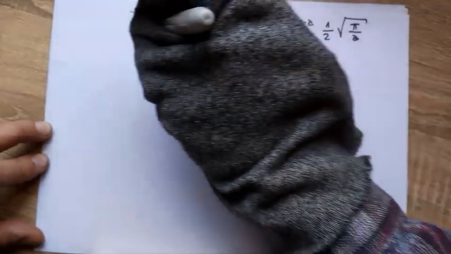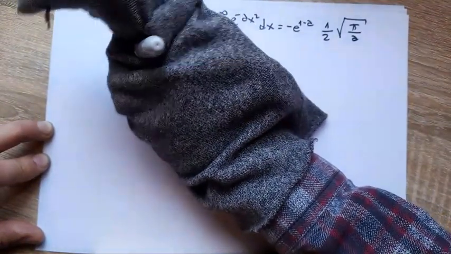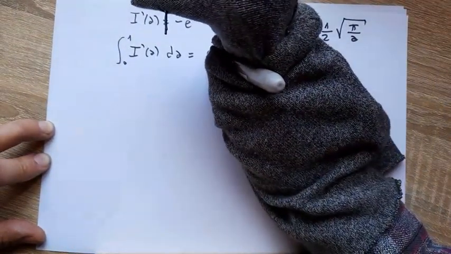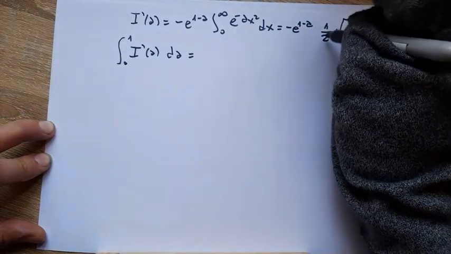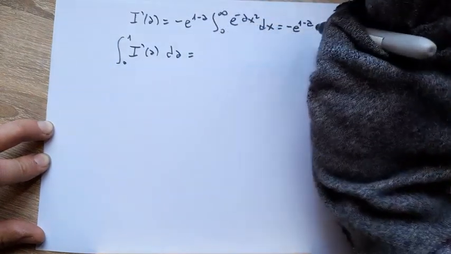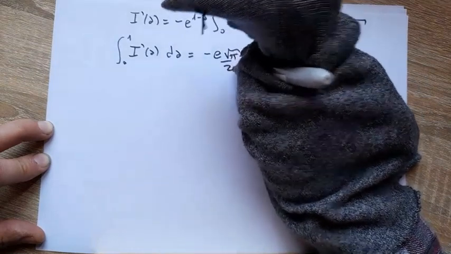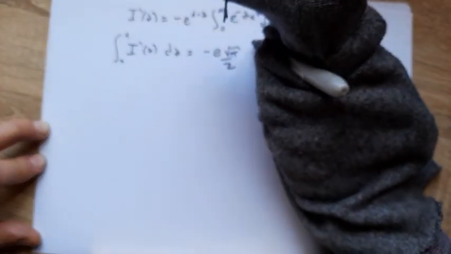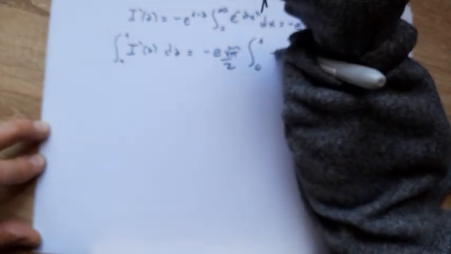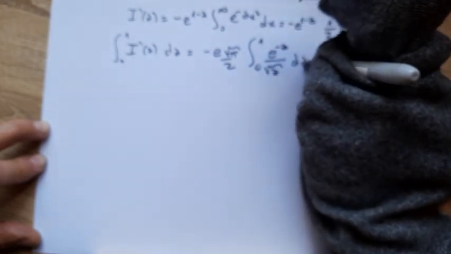So now we will integrate I prime of a between 0 and 1 equals, we will take the constant terms that don't depend on a, so minus e square root of pi over 2 times the integral from 0 to 1 of e to the minus a over square root of a dA.